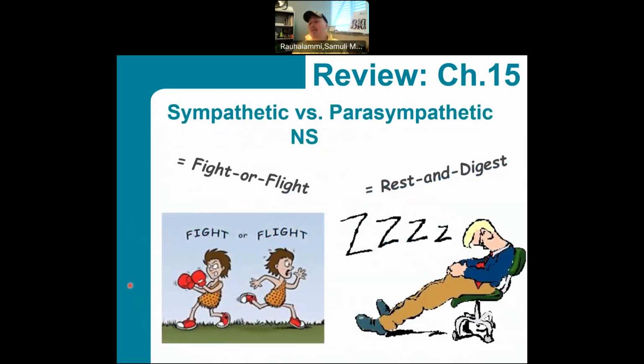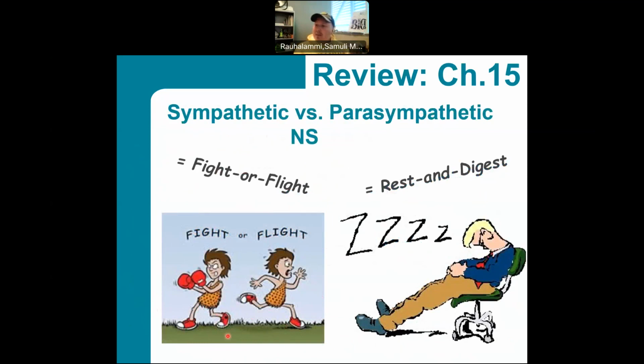So I think that one way to think about the sympathetic and parasympathetic nervous system is really to relate the physiological changes that we're seeing to the functions of these two branches.